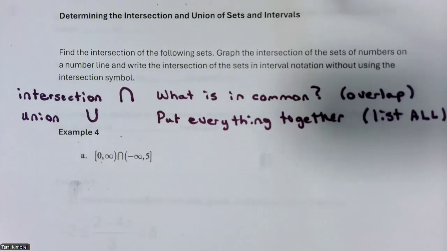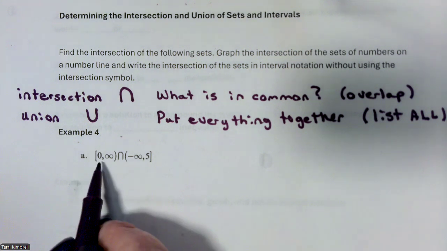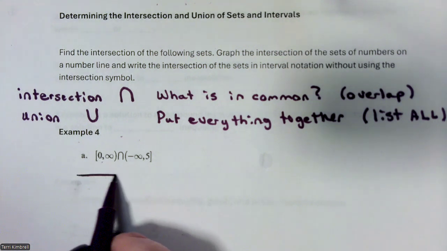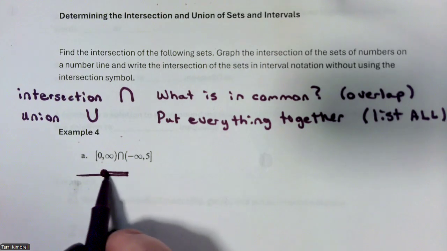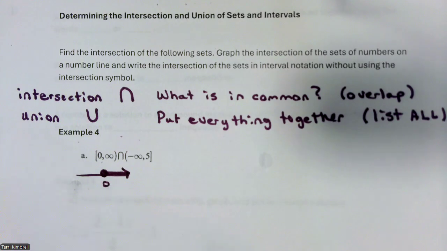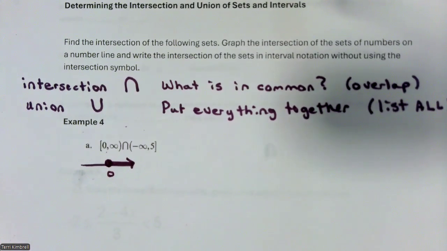Okay, so the easiest way to tackle this would be to think about what this would look like if you were to write it with inequalities. So if I was to think about this right here, and I had a zero that was closed, going to positive infinity, the graph would look something like that.